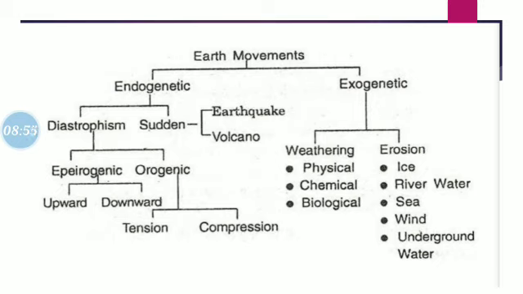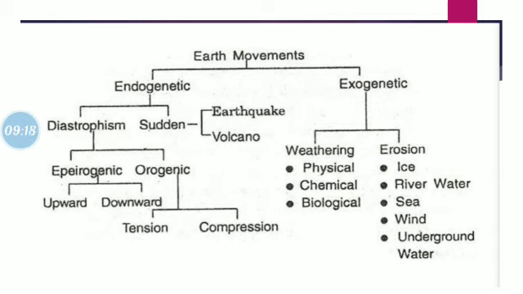Then in diastrophism, another two types are there, that is epeirogenic and orogenic. In epeirogenic movements, upward and downward movements are there. And in the orogenic movements, tension and compression are happening.